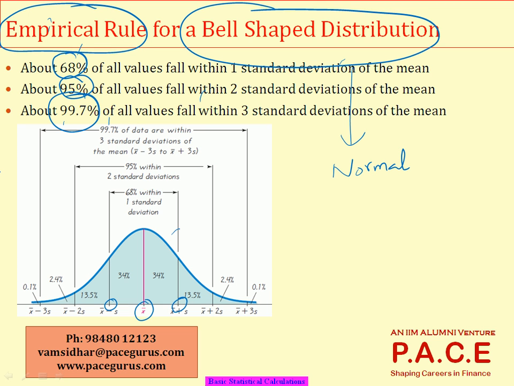So that's how we use the standard deviation to predict the shape of the distribution of the data. One example being a bell-shaped or a normal distribution. If I observe that this much proportion of the data is lying within 1 standard deviation, 2 standard deviations, and 3 standard deviations from the mean, I can very well classify that that distribution is following a bell shape or a normal distribution.